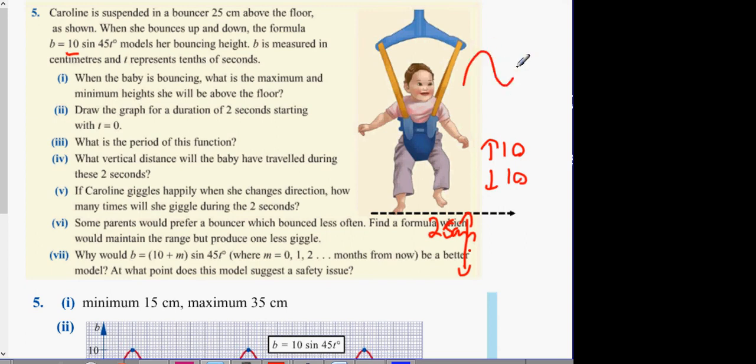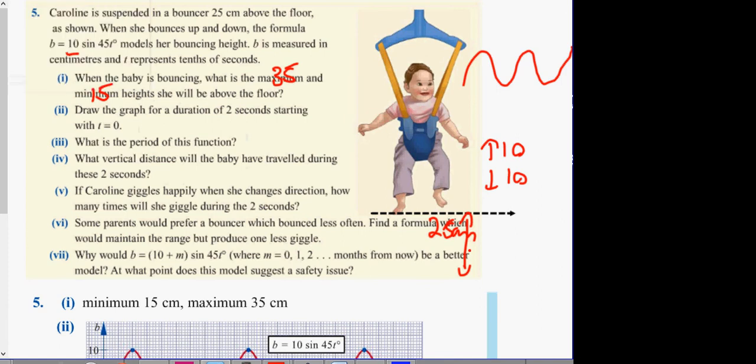So the movement's going to be like a sine function, up and down, up and down. When the baby is bouncing, what is the maximum height and the minimum height above the floor? Well, it'll be 25 plus 10, which is 35 for the maximum, and 25 minus 10, which is 15 for the minimum.